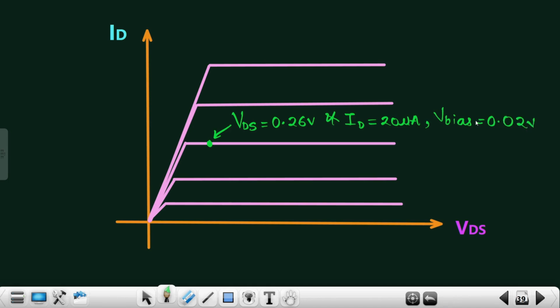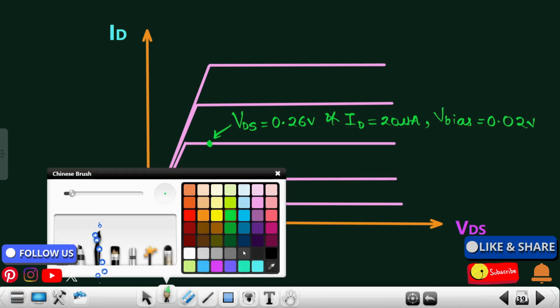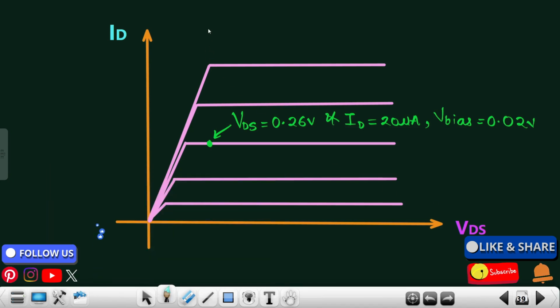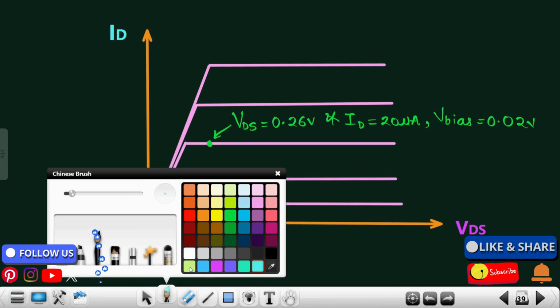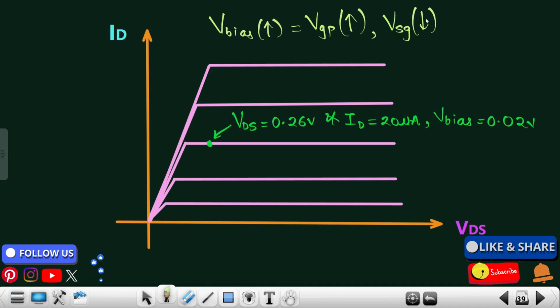Then what we did, we increased the Vbias voltage by 0.01 volts, and the moment we increase Vbias voltage, what we know is that as my Vbias increases, that means my VGP, the gate voltage of PMOS, increases, so my VSG decreases, and as VSG of the PMOS decreases, the ID also decreases, right?